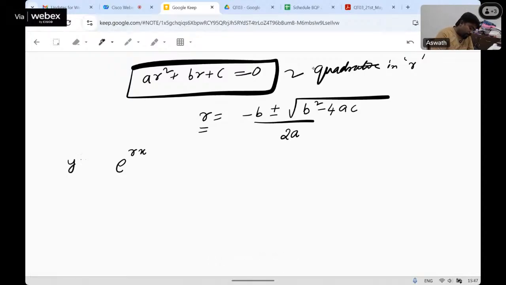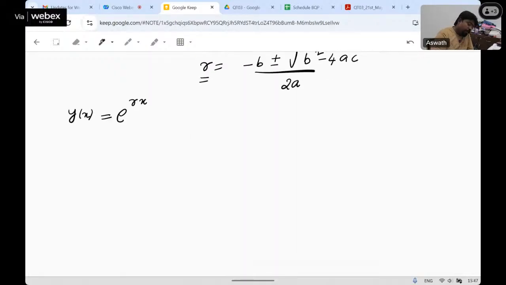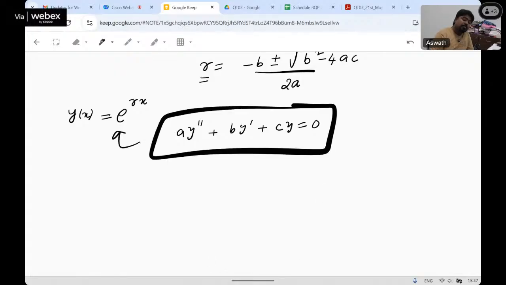So y of x is exponential rx. Any given differential equation, let's say a y double prime plus b y prime plus c y equal to 0, would have solutions like this. Now how many such solutions exist? We don't know; several solutions may exist, so one has to keep on finding them.